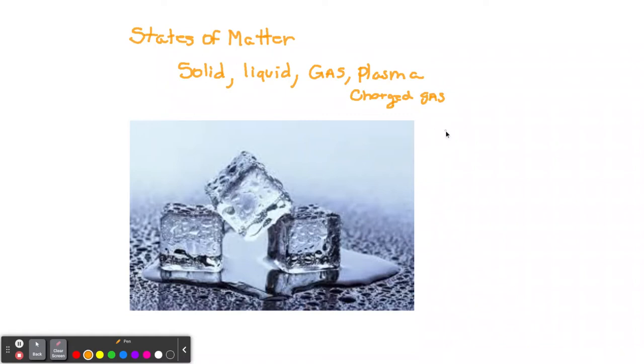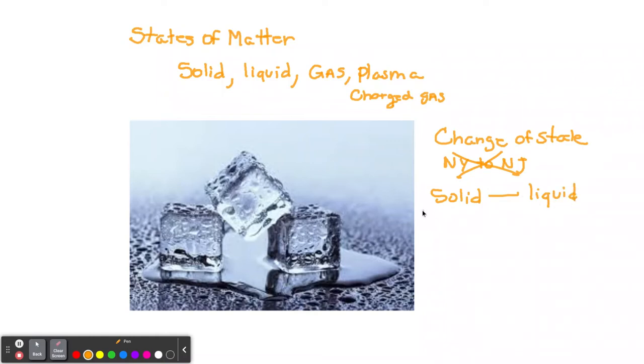We were talking about a change of state, not moving from New York to New Jersey. No, not that. But a change of state, going from solid, let's say, to liquid. How does this happen? It's because there's a change in a type of energy. What do you think?